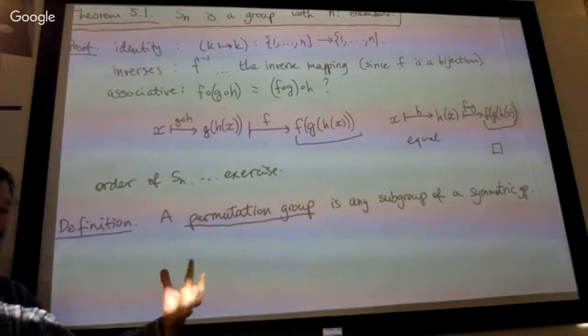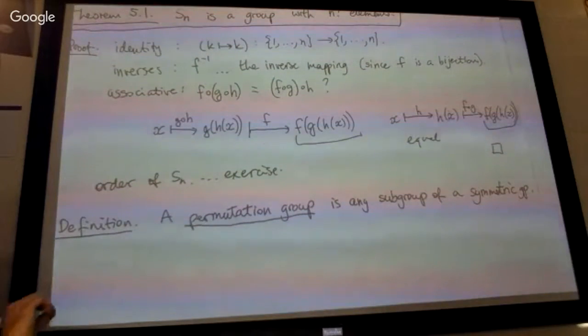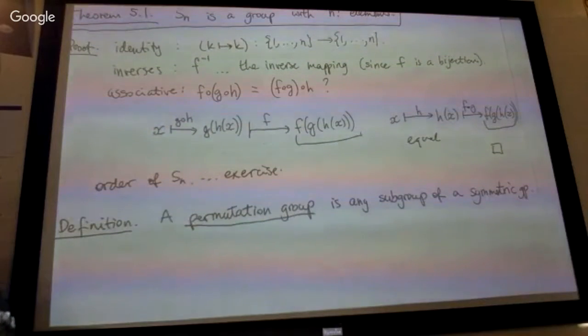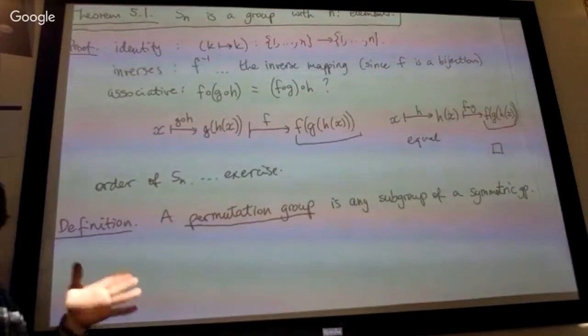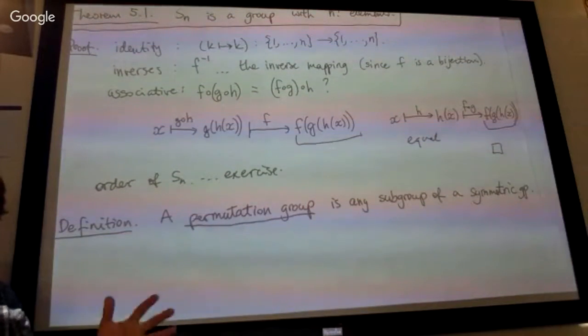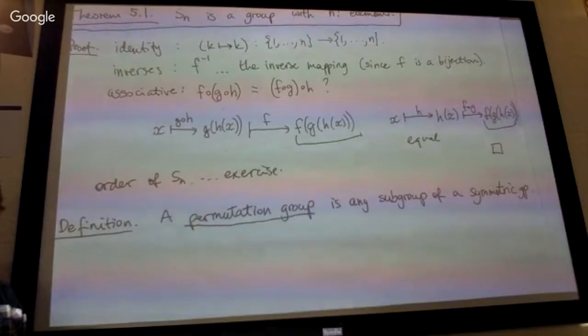So there is some structure, so not every mapping is a symmetry. But when you just look at n numbers, then everything is a symmetry, and that's the richest kind of group.